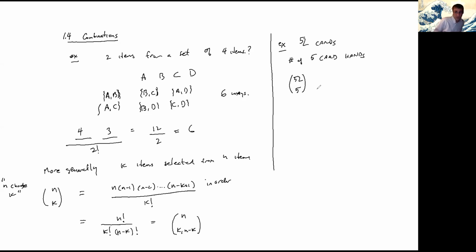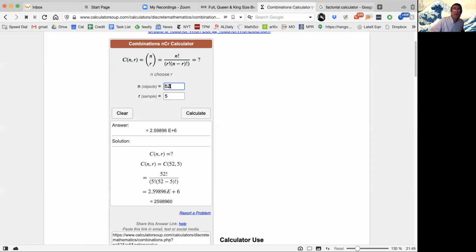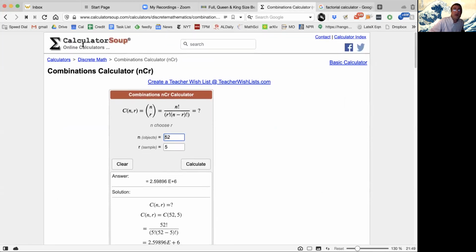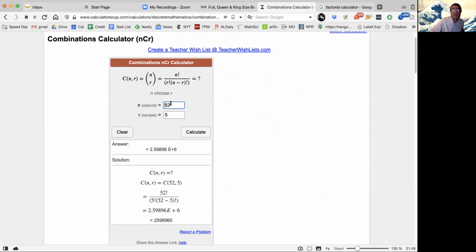Now, in order to compute what that actually is, you should use your calculator if you want an exact expression for it. You can use your calculator, or you can use an online combinations calculator. So let me show you one. Okay, so here's one. This is called Calculator Soup, calculatorsoup.com, but there are lots of them online.